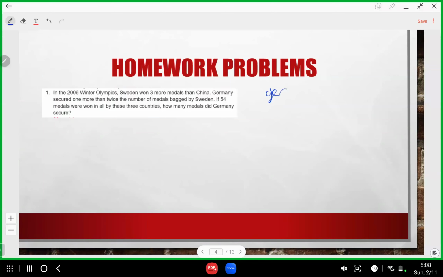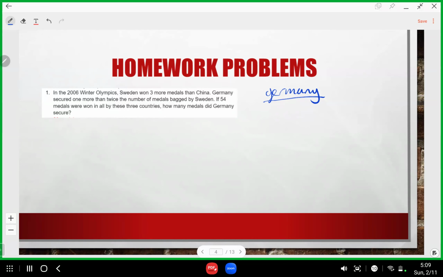So Germany, we have to find this, okay? So now we can set up our variables, right? So let's say Sweden won 3 more medals than China, right? And it says Germany secured 1 more than twice the number of medals bagged by Sweden.